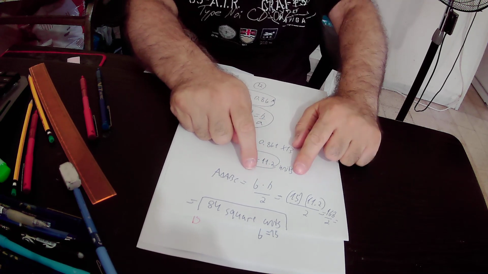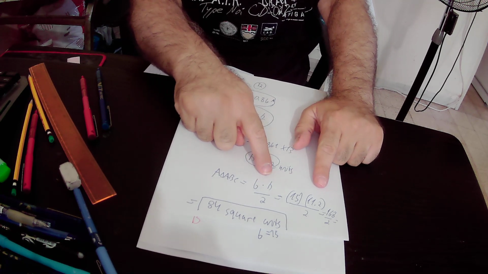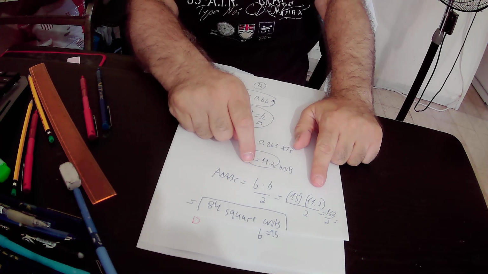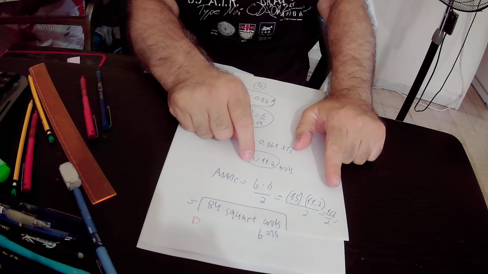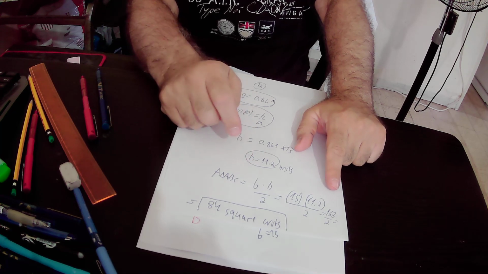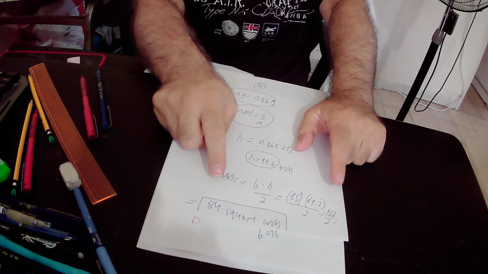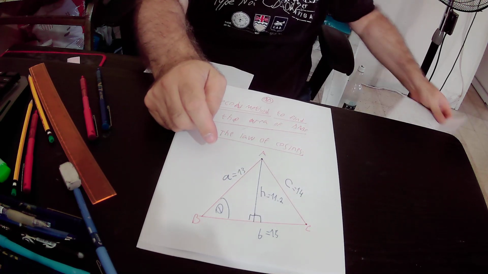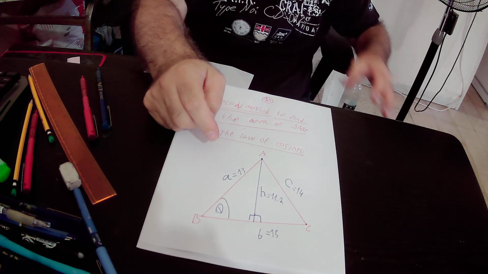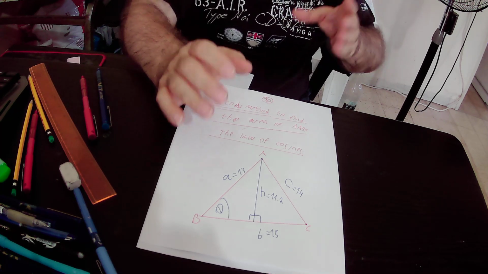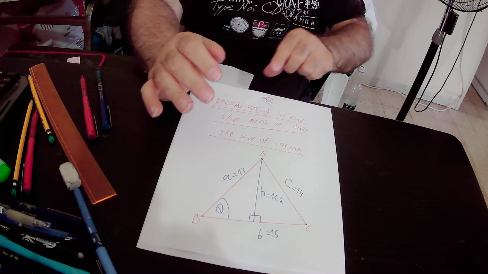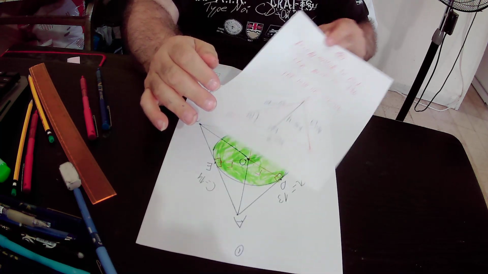The base is 15 units, the height is 11.2 units over 2, so 15 times 11.2 over 2 is 84 square units. So we found out in the second way that the area of triangle ABC equals 84 square units. Okay?